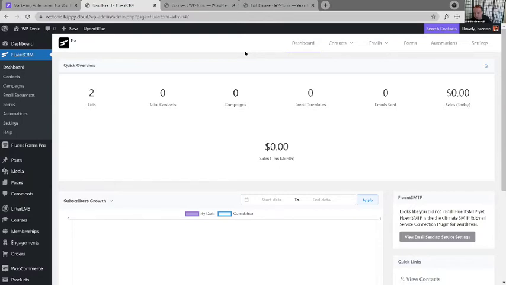I think the actual icons, font choices, colors, the actual interface looked a little bit below par compared to Fluent CRM.